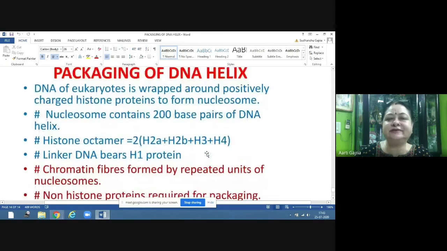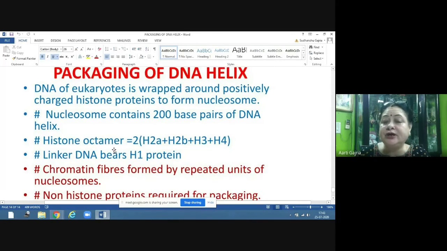Now, this is the summary of packaging of the DNA helix. DNA of eukaryotes is wrapped around positively charged histone proteins to form a nucleosome. One nucleosome contains 200 base pairs of DNA helix, so you can calculate how many nucleosomes there can be in a nucleus, because we know the number of base pairs.